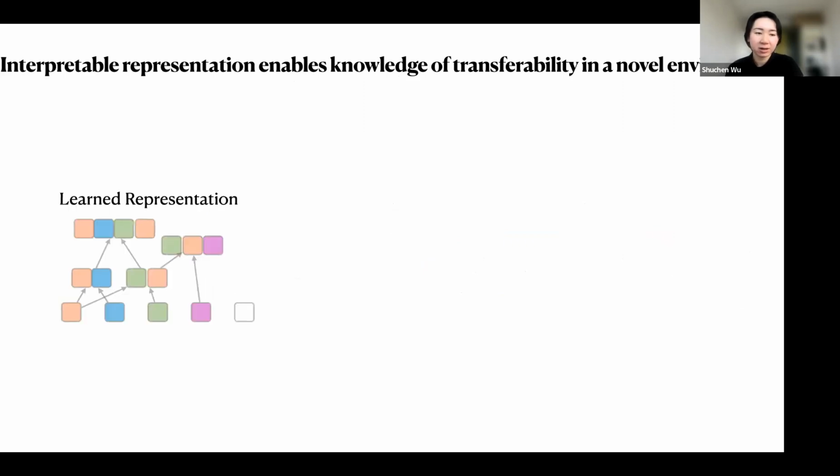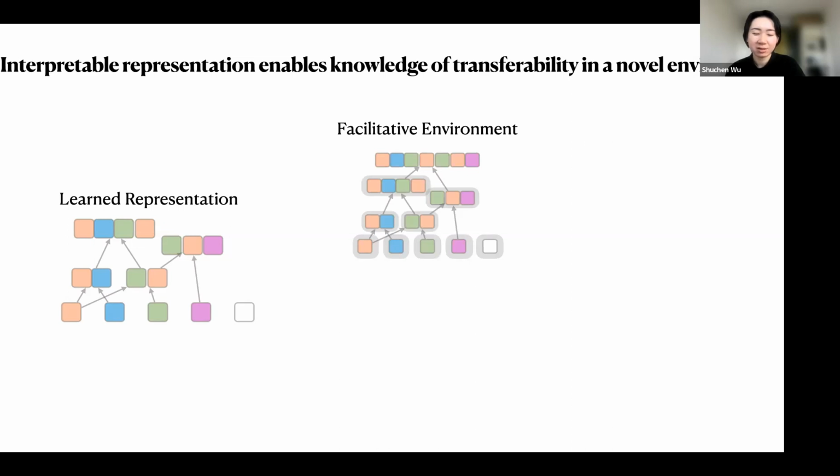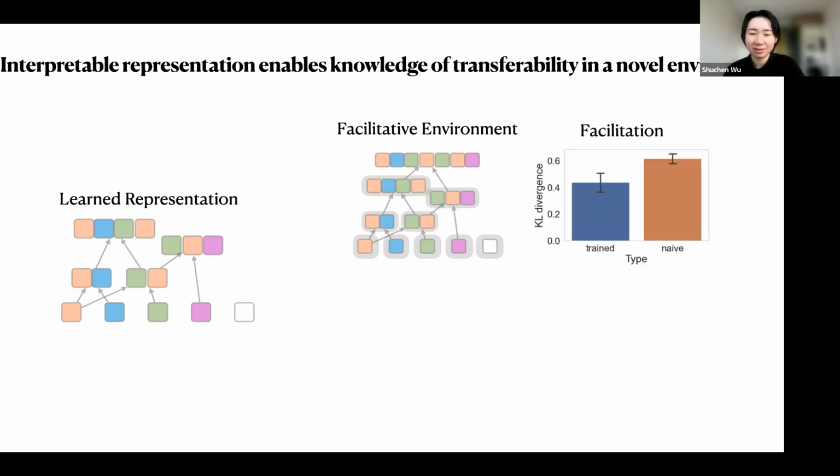If you have learned a representation from one particular sequence, and then the model is taken to a sequence generated by a new generative model, and this new generative model contains parts overlapping with what the model has learned before, then the learning performance for the trained model is better than a naive model that goes into this facilitative environment, as I call it, that does not have any shared representations.